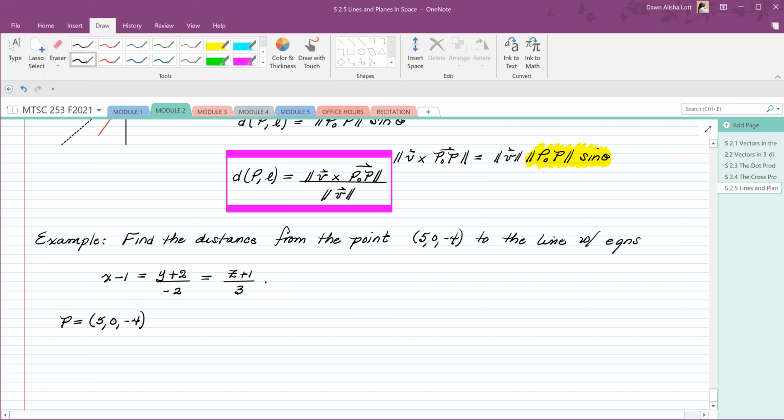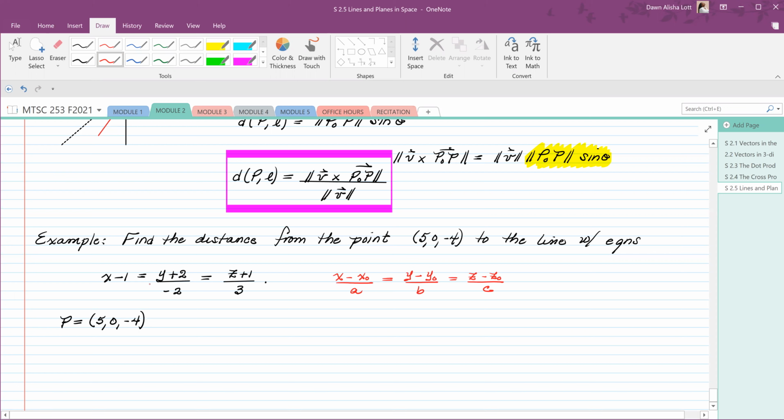So that's the point P. Now, the vector, if you remember, in the symmetric form, this is x minus x naught over A is equal to y minus y naught over B is equal to z minus z naught over C. Okay?